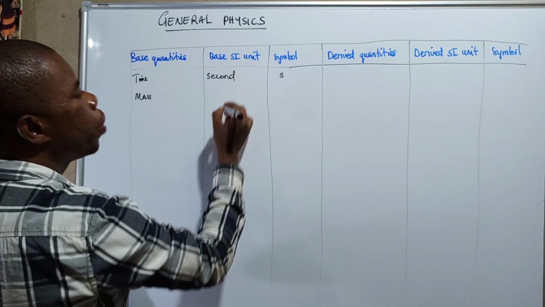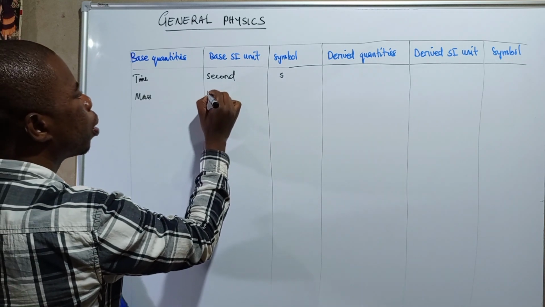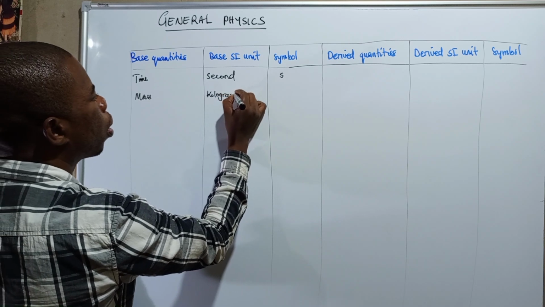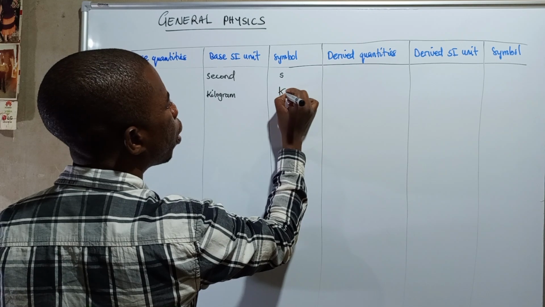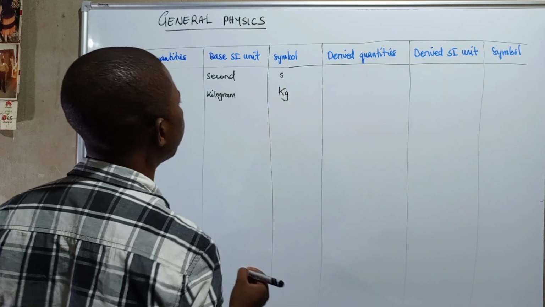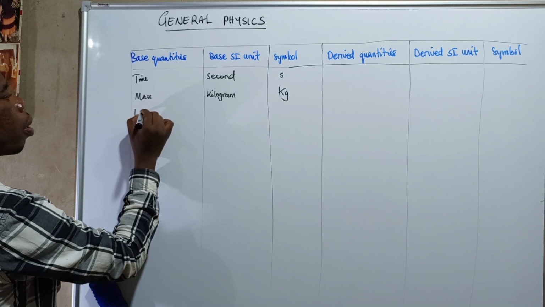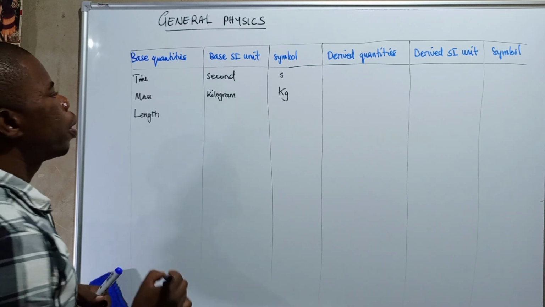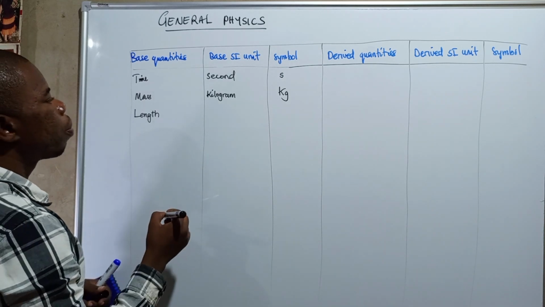What base unit do we use to measure mass? It is the kilogram. What is the symbol? Capital K, small letter g. Next, we have length, another base quantity.